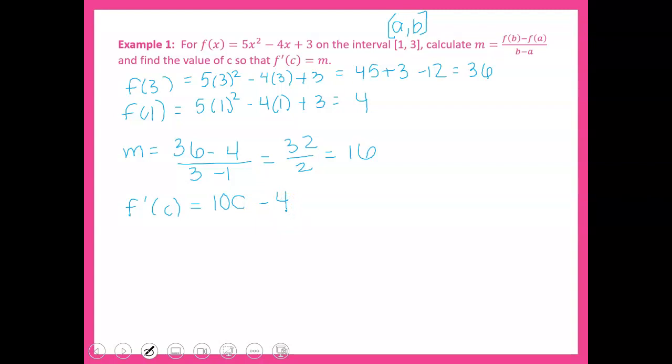And then the mean value theorem says that f prime of c must equal m for some number c. So we're going to say 10c minus 4 equals 16. I'm going to set the derivative equal to the slope of the secant and solve for c.